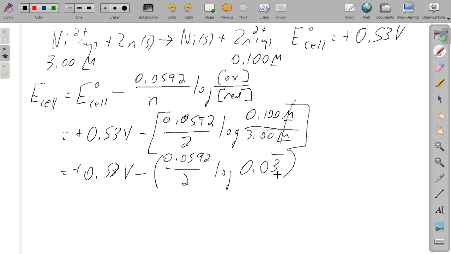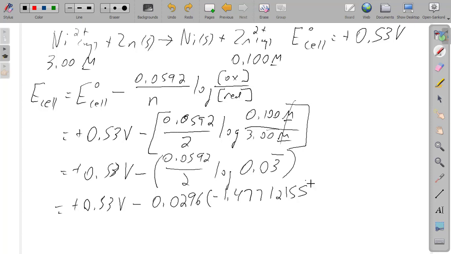And when we do that, then we have plus 0.53 volts minus 0.0296 times negative 1.4771215.